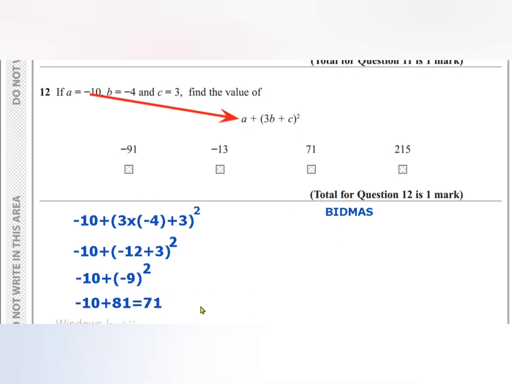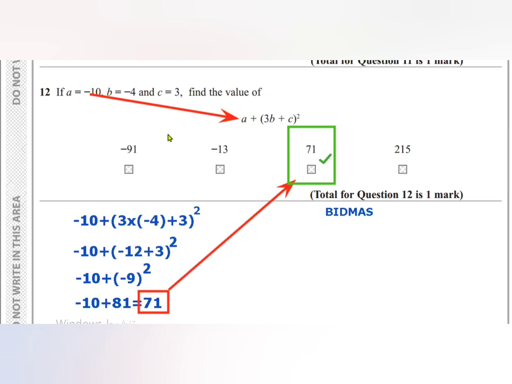And this is the final answer of the whole expression, 71. As you can see, it's here in the answers, 71. So I'm gonna put a check so you can see it. Yes. So the final answer is 71.